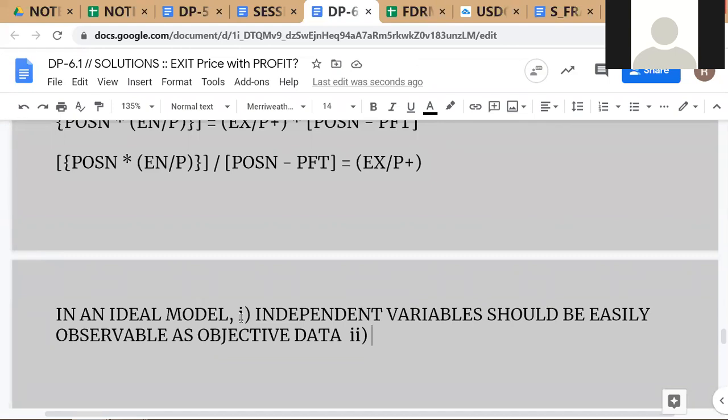Second one is predictive model. Ideal model.